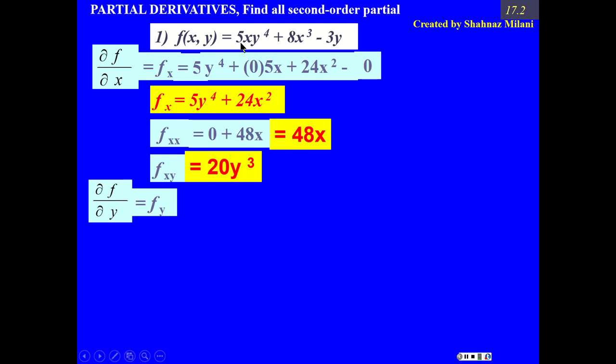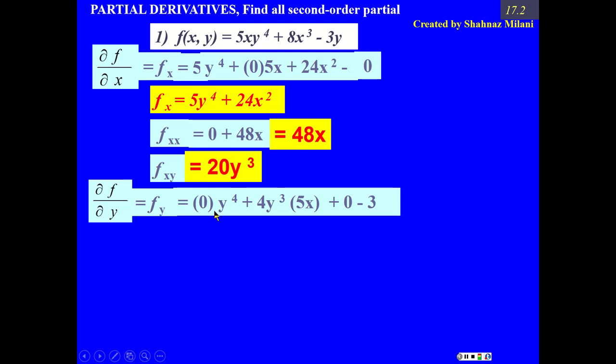Then, the derivative of 5x based on y is going to be 0 times the second, right here, times y to exponent 4, and then the derivative of y to exponent 4 based on y is going to be 4y to exponent 3 times the first, which is 5x.